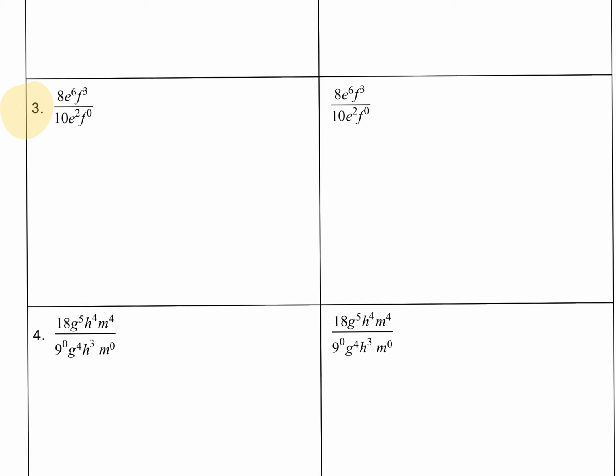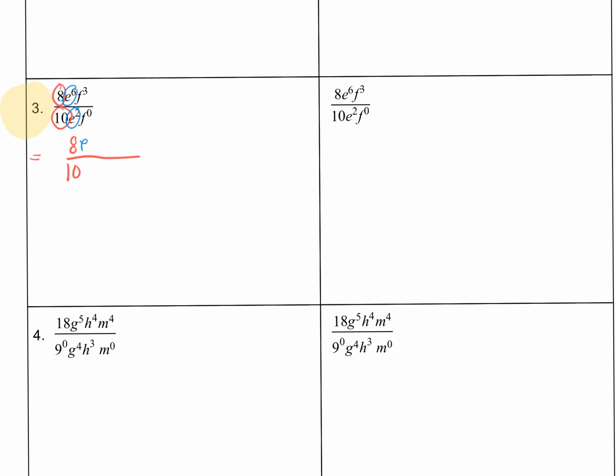So we're going to also do this like what we did earlier. We're going to expand it out on the left, and on the right side we're going to use the properties. So for 8 and 10, just going to leave it as 8 over 10. For e to the 6th, I see e to the 6th and e squared.